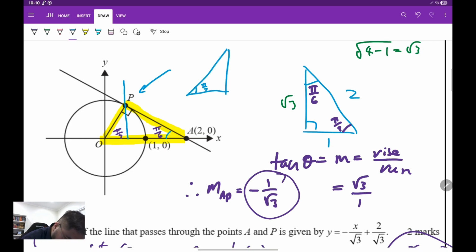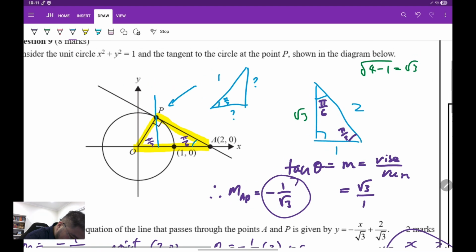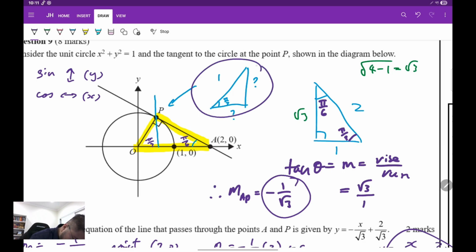Okay, and if this is pi on 3, and we know that the bottom distance is something that we don't know yet, but we know that this is 1, and we don't know that or that, we just need to, I guess, piece together the fact that sine represents the height, so that's the y values, and cos represents the width, or the x values.